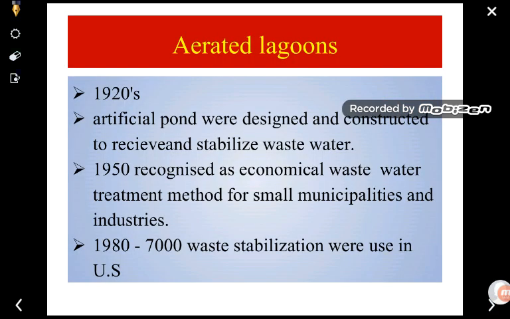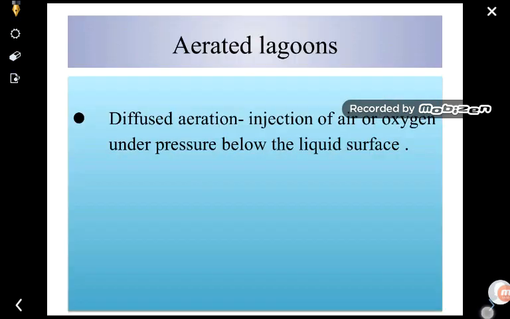So what is diffused air? Diffused aeration is normally the injection of air or oxygen under pressure below the liquid surface.